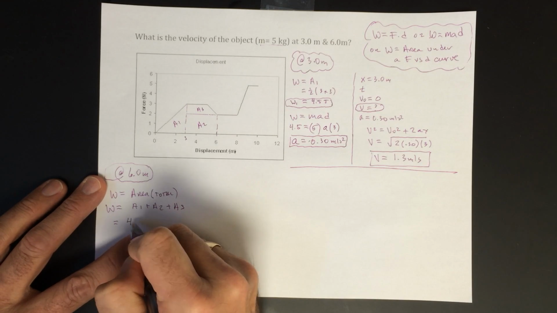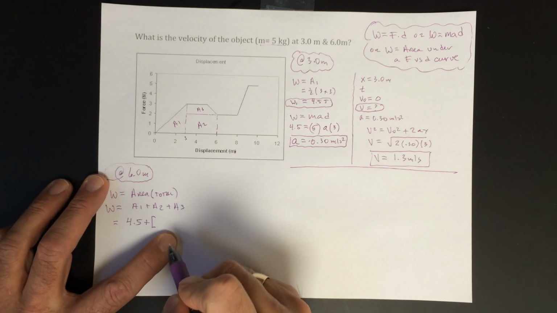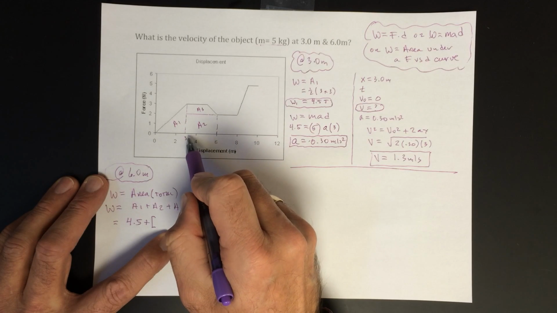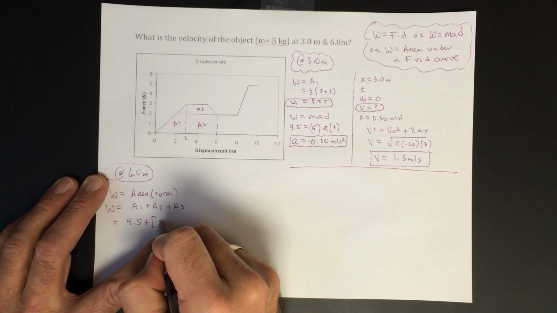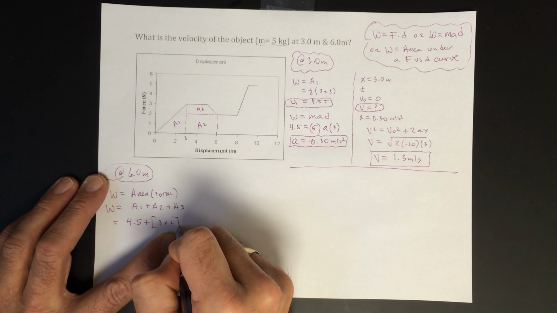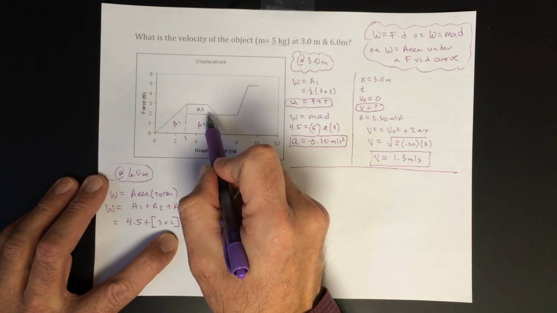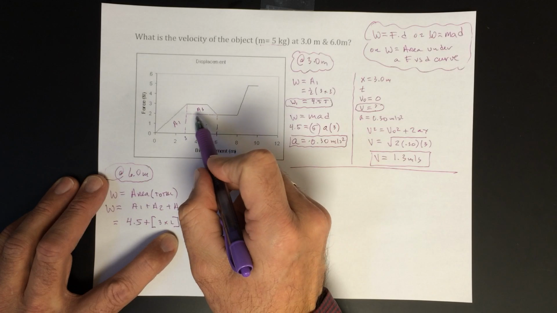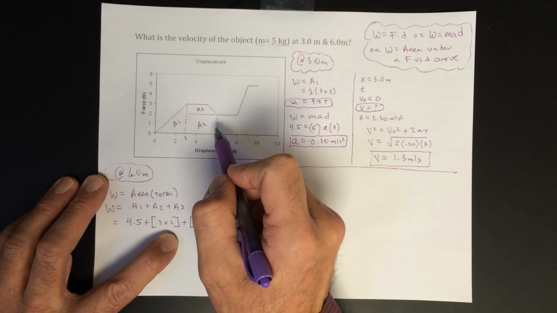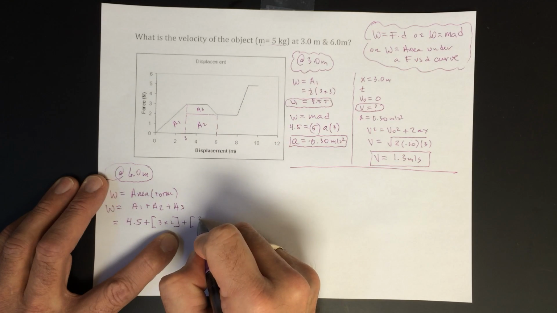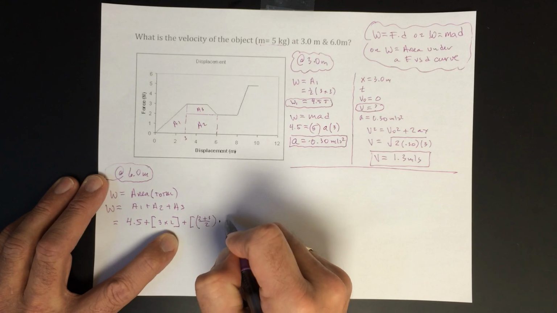A1 is 4.5 plus, let's use square brackets here, A2. A2 would just be base times height. So 3 times 2. And A3, let's do that one. That's a trapezoid. So this trapezoid has a height of 1, and the top of the trapezoid is 2, and the bottom is 3. So that would be 2 plus 3 divided by 2 times 1.